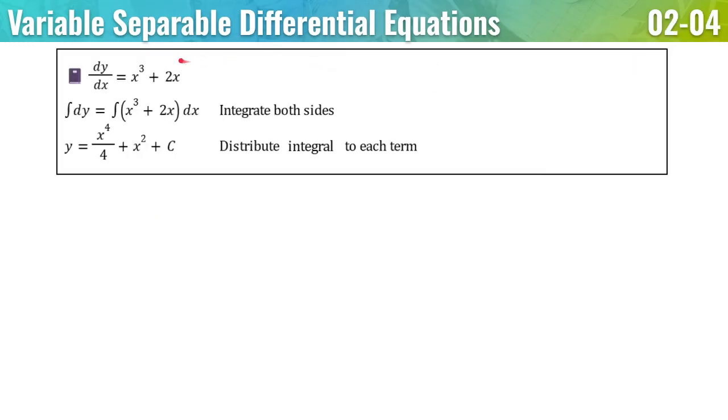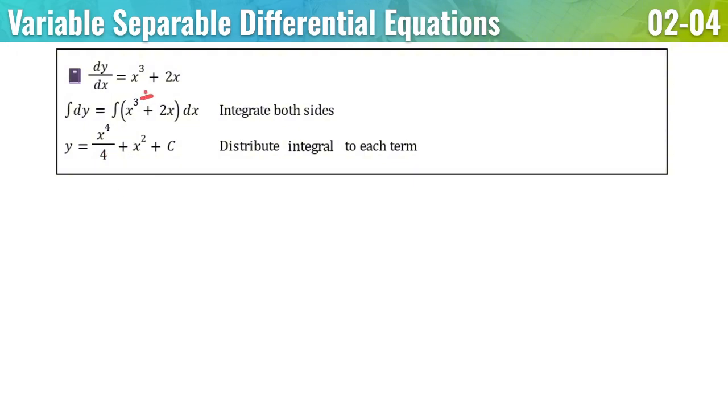Example. For dy over dx is equal to x cubed plus 2x, we move dx to the other side. So now dy is on an opposite side of the dx, and all of the x's and y's are separate. Now we can integrate both sides. So what you're seeing here is the power rule for integration.